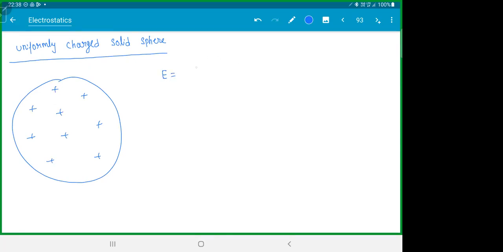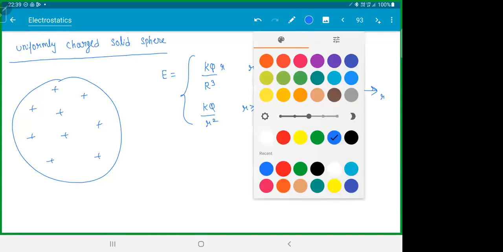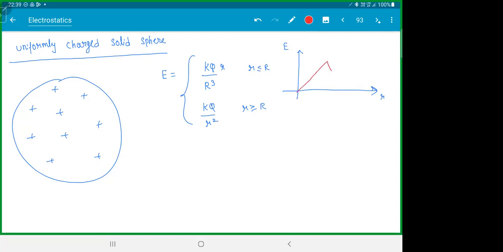The field is given by KQ small r by R cube for r less than or equal to R. Outside it behaves like a point charge. The outside is always like a charge at the center. And if you try to plot this field, E versus R, it will increase linearly and then drop.